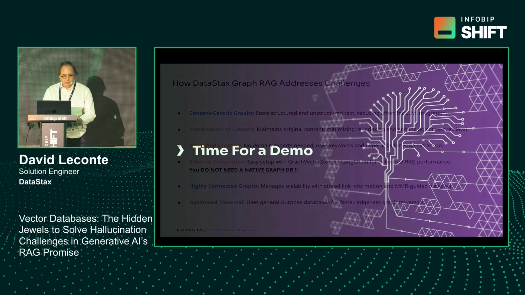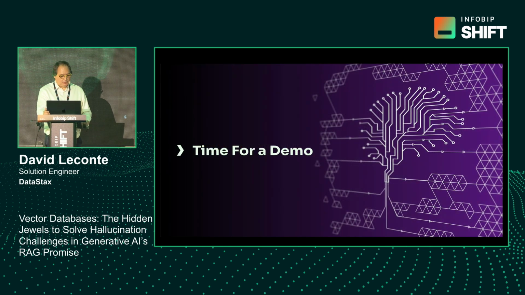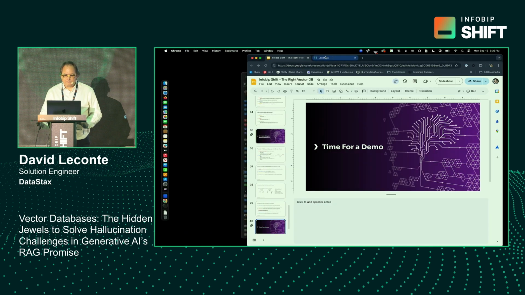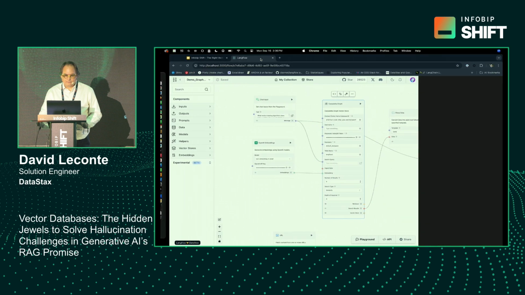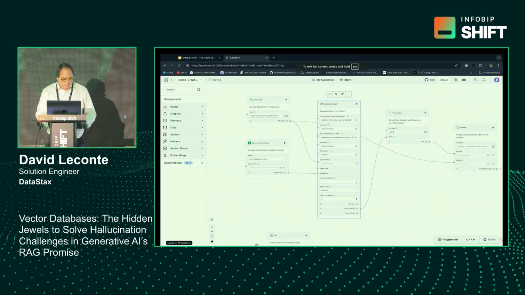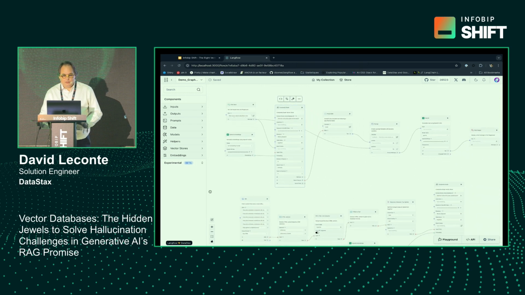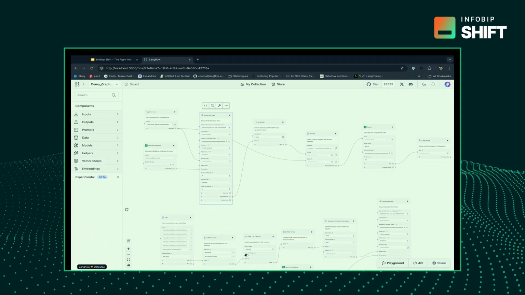Perhaps a demo will help you understand what I mean here. So on the graph here, I am using Langflow. Langflow is a tool that allows you to fast-track GenAI development and ease the pain by dragging and dropping components to effectively, with low code and no code, build something very powerful.